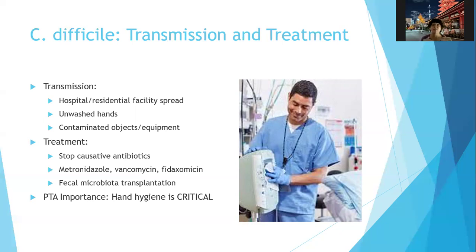And that just replaces the normal flora that you lose when you have C. diff. It can be a really difficult infection to fight, and hand hygiene is the most important way to stop the transmission.